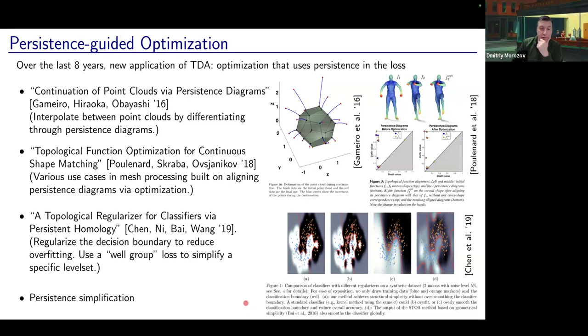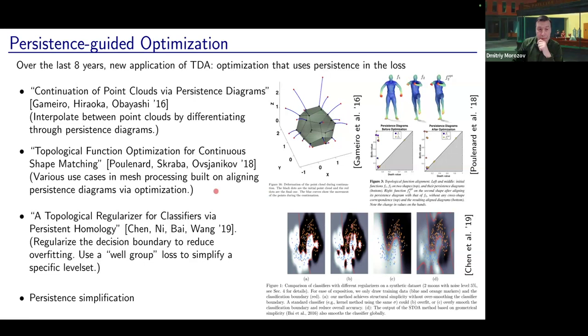The first place this idea popped up was in the work by Gameiro, Hiraoka, and Obayashi, where they were trying to interpolate between point clouds by taking a point cloud, taking some target persistence diagram, and trying to move one persistence diagram to another by changing the point cloud.